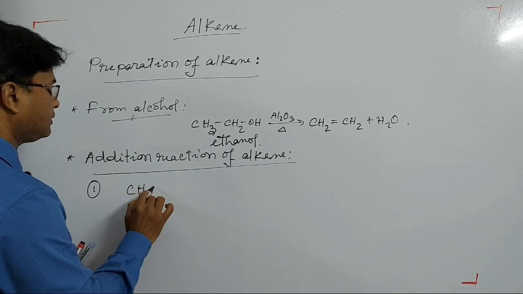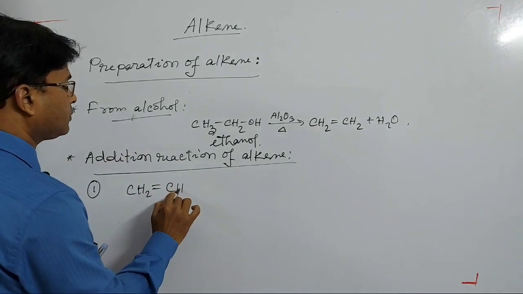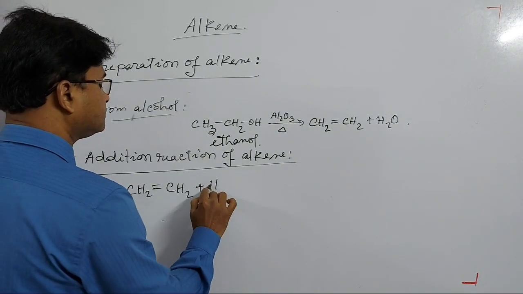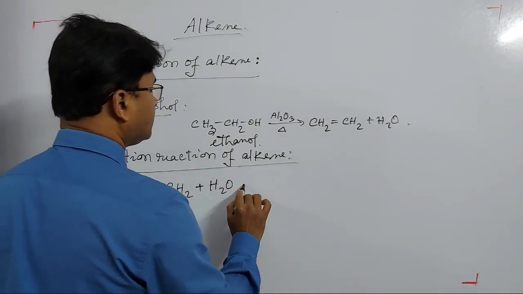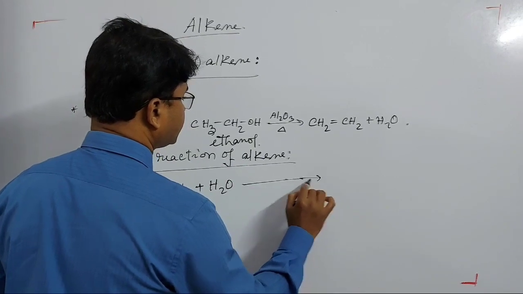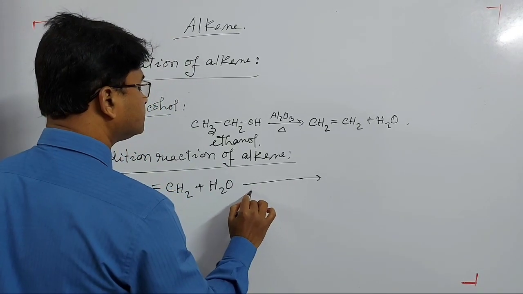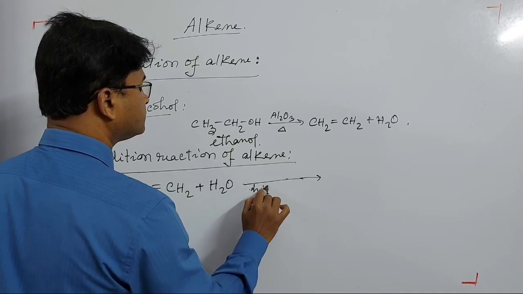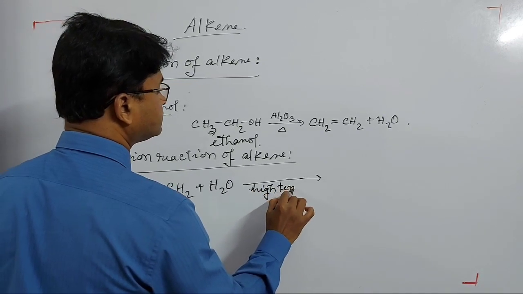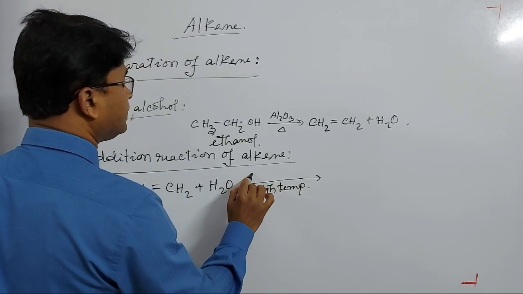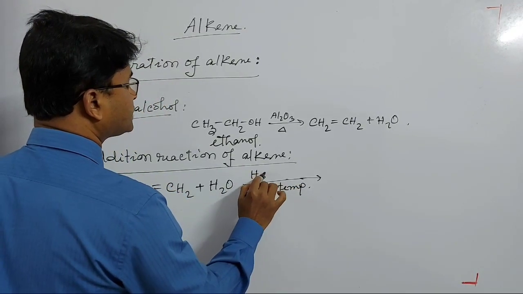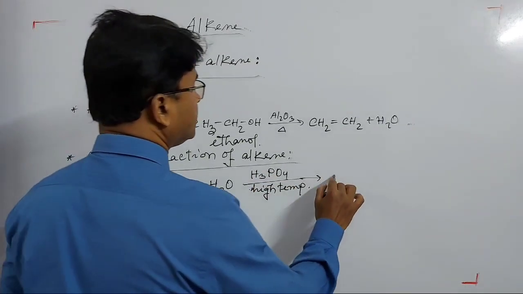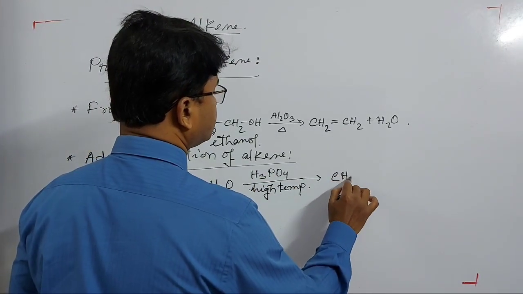Ethene reacts with water at high temperature in the presence of phosphoric acid catalyst to produce ethanol.